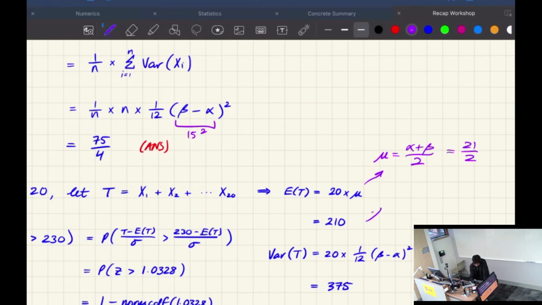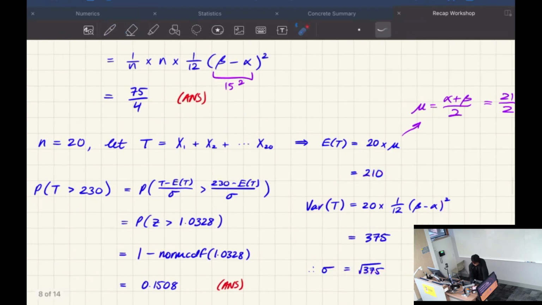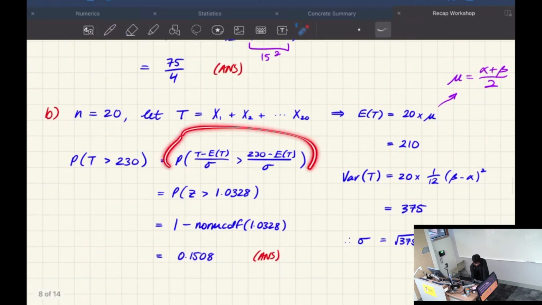And this is why we get 210. Right? The variance, I'm going to use the formula from earlier. And then now, we're following the same steps. Because we've standardized it using the z-score, yeah, we're allowed to use norm CDF. Alright? Cool. Let me get this as the answer.